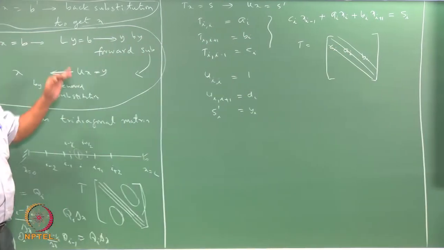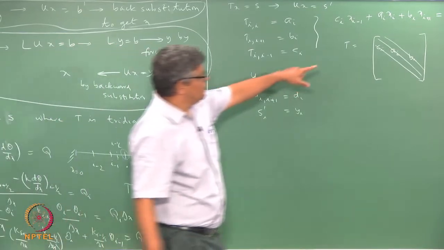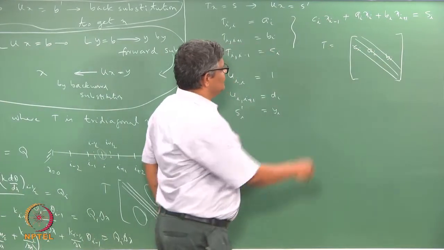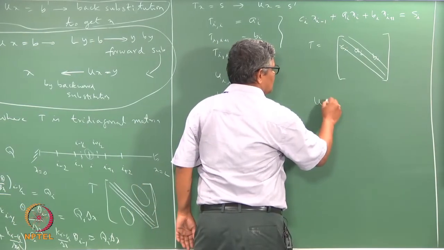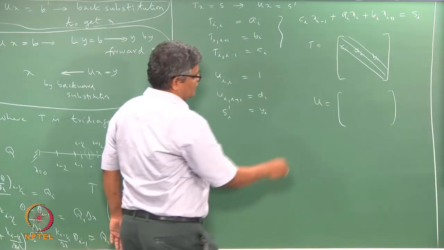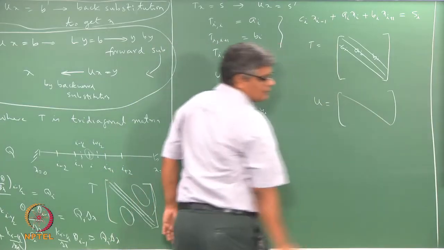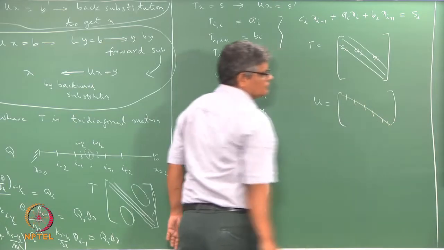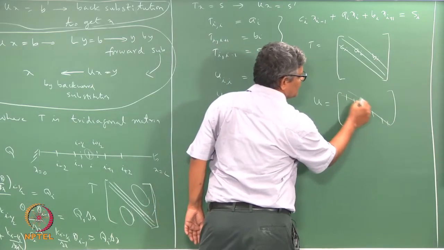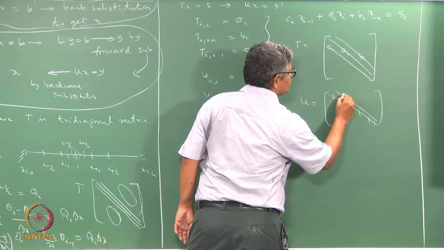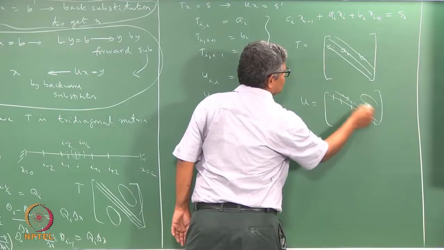Okay, so, these are the coefficient values, and these values may change in each equation as we mentioned here. This is being converted into a special form of upper triangular matrix where all the diagonal entries are 1 and we have only one more diagonal here, which is di, and s prime is yi, and all these are 0.